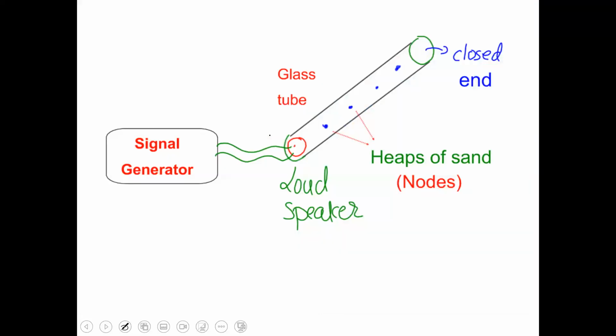Look at this apparatus, and I'm going to ask you how it works. Okay, now how does this apparatus work?